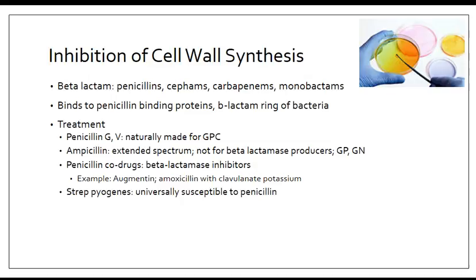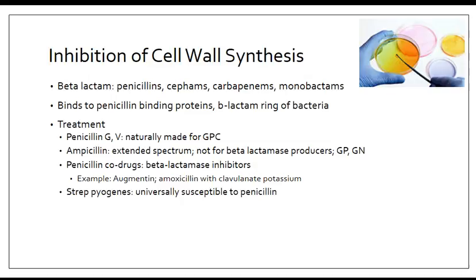Penicillin co-drugs. So what happened was the organisms became smart, and some of them developed an enzyme to break down the penicillin. So the ones that have the beta-lactamase are resistant to penicillin.